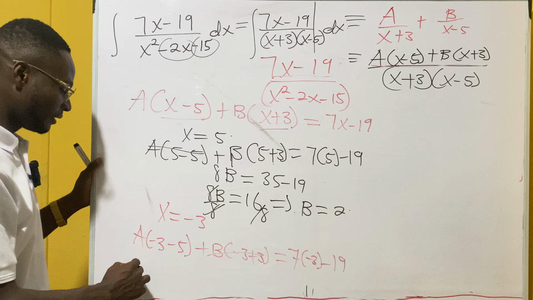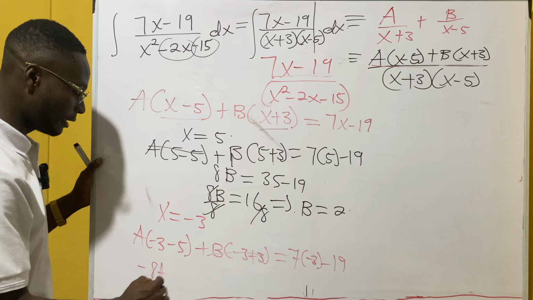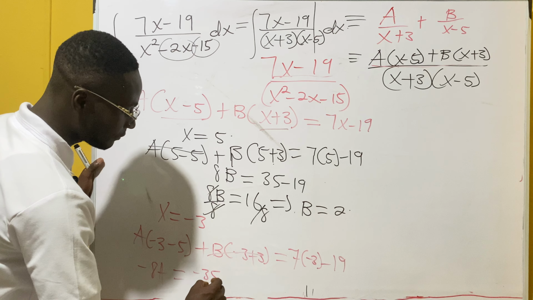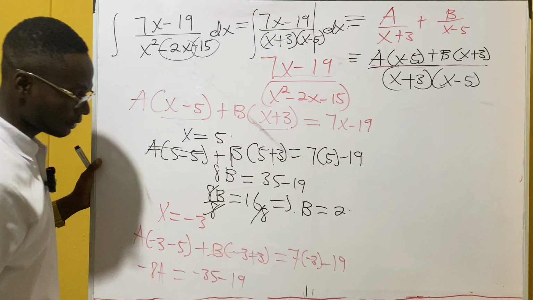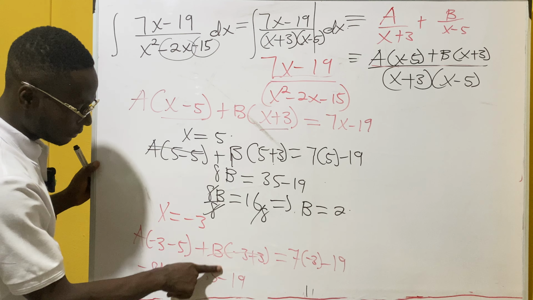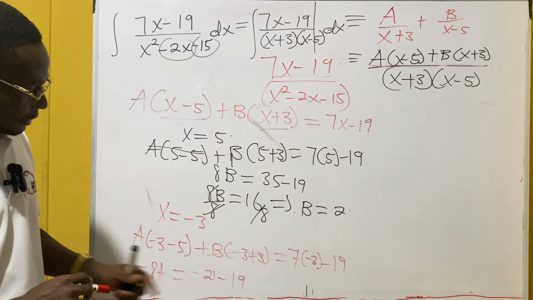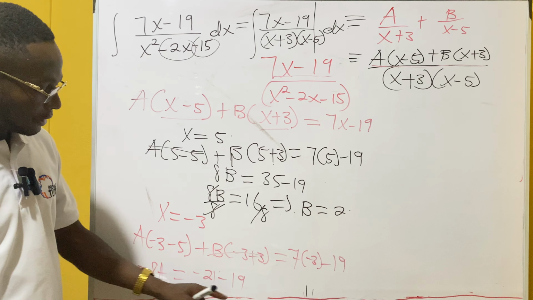We have -8A should be equal to minus 21 minus 19.